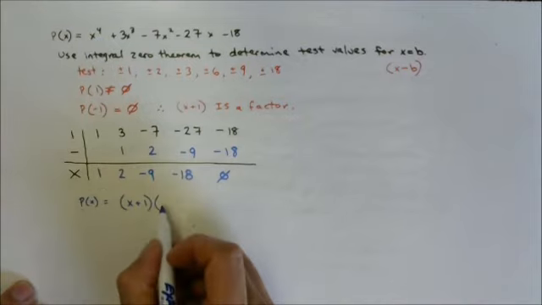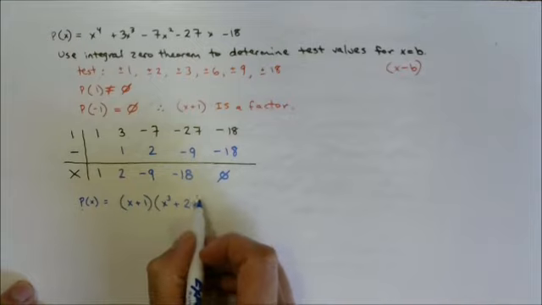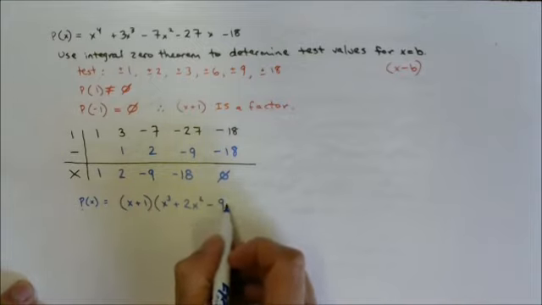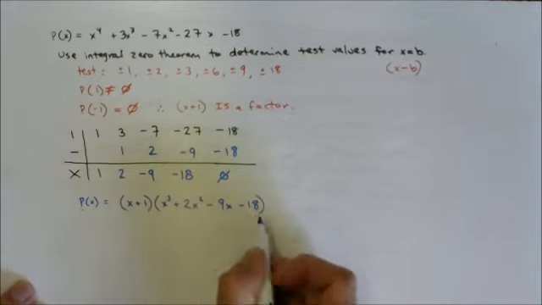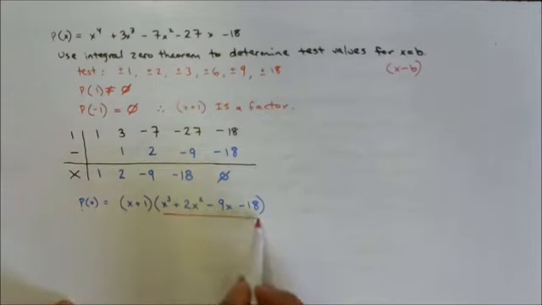So I'm looking at a first term of x cubed plus 2x squared minus 9x minus 18. And I know it's true because there's a remainder of 0. All right, so now we could use this method a second time on our cubic factor right here.